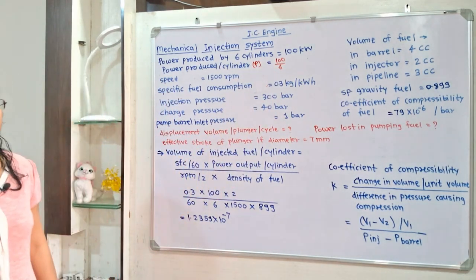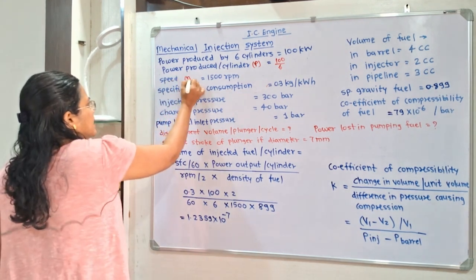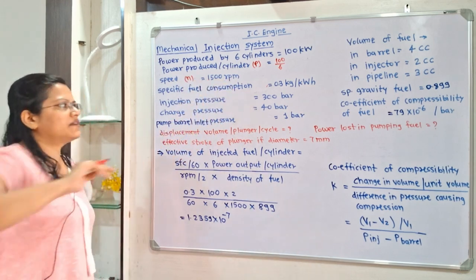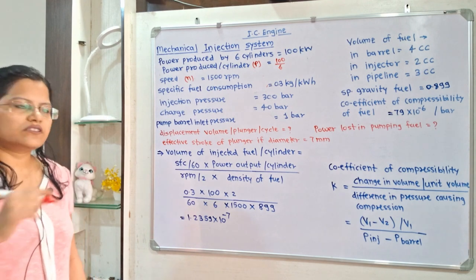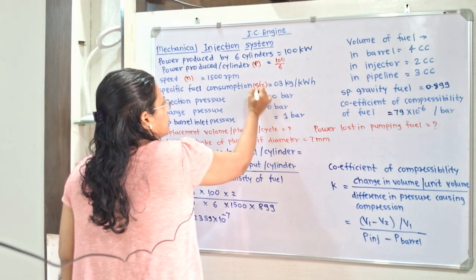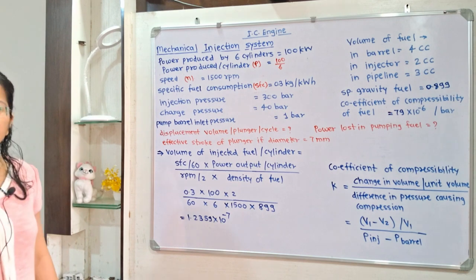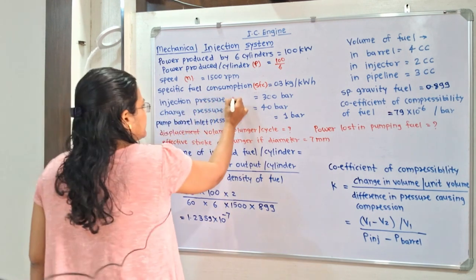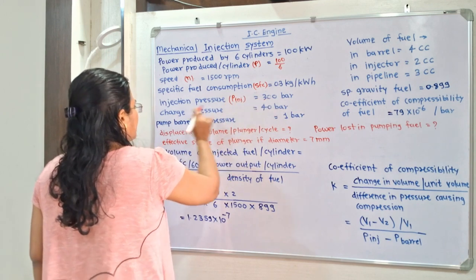Then speed is given in RPM, so speed, we will use the notation N, is equal to 1500 revolution per minute. Specific fuel consumption, that is SFC, is equal to 0.3 kilogram per kilowatt hour. Injection pressure, P INJ, is equal to 300 bar.